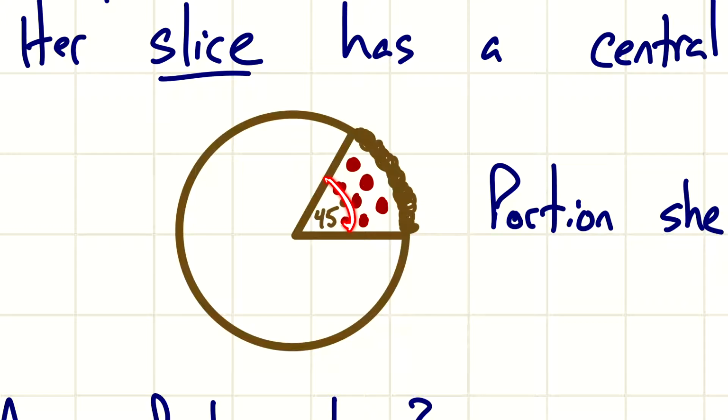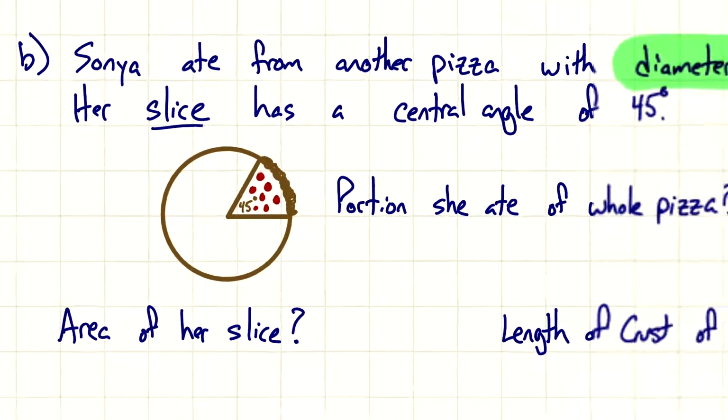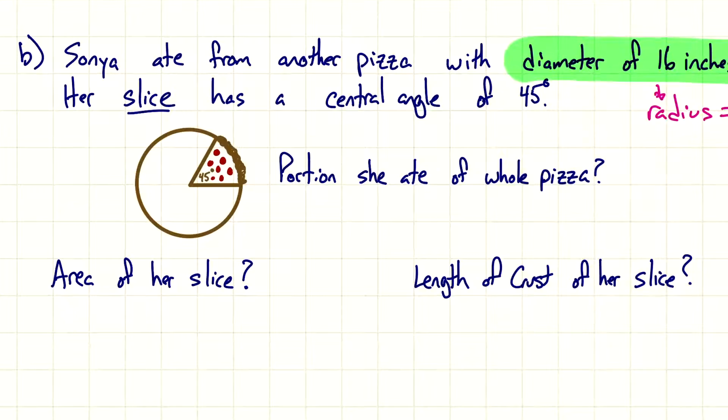Well, why did they tell us that information? Well, I guess the question for you is, if that's 45 degrees and you put in all the other slices, maybe there was a bunch of other slices in here, and you add all those slices together, what would be the total of all those central angles together?